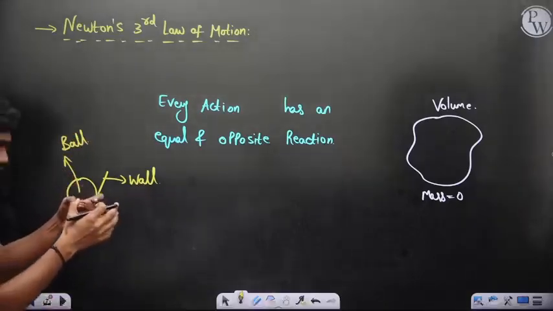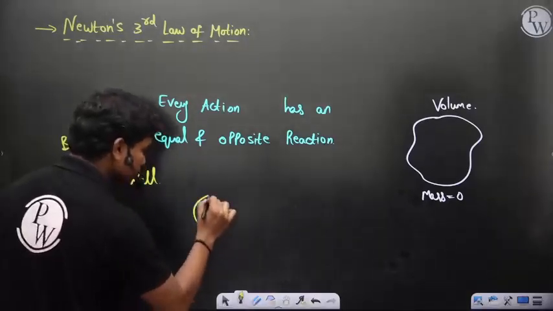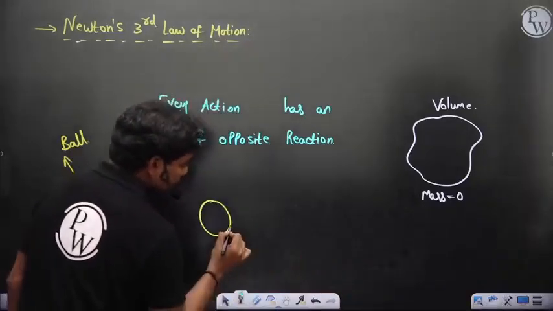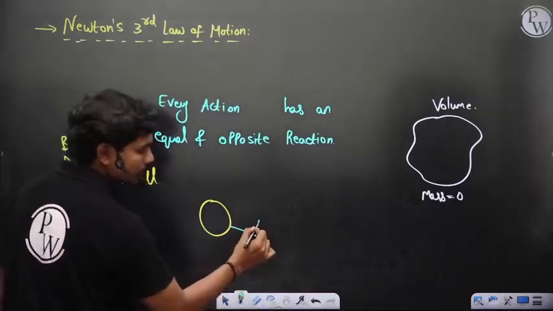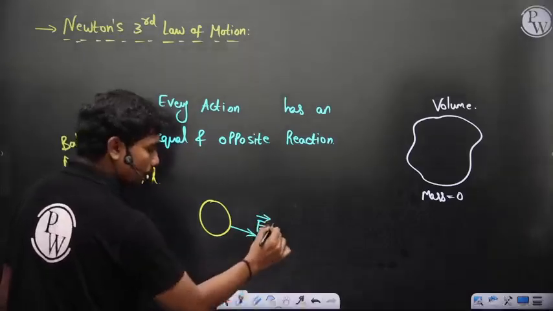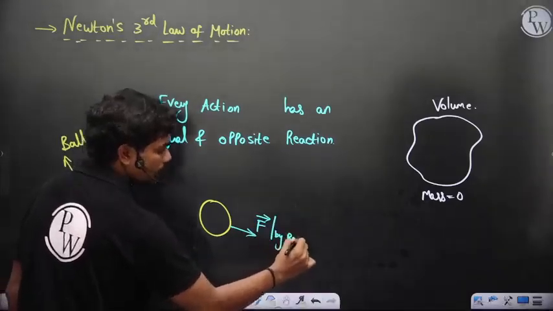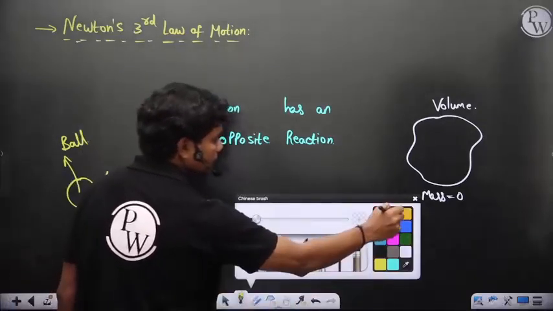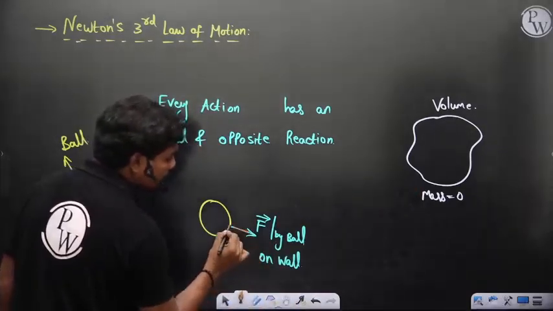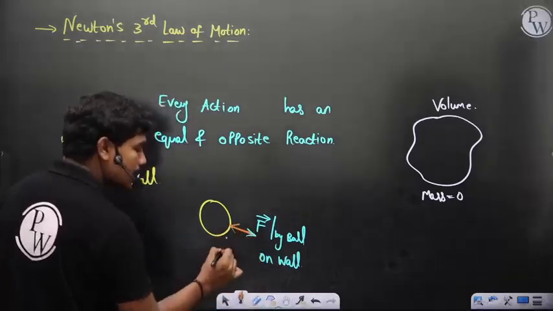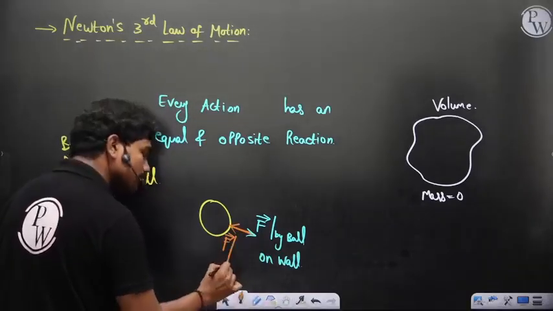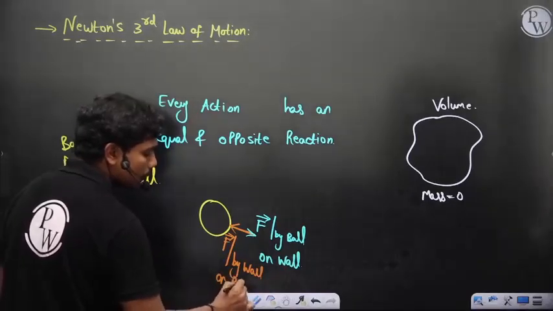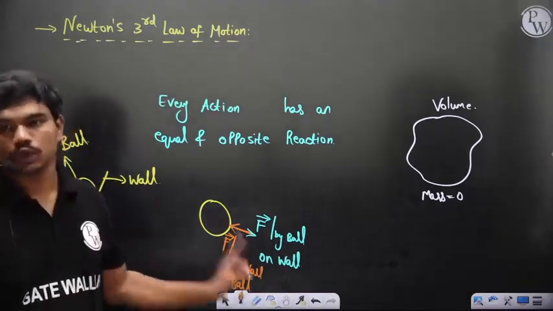So when they make contact with each other, if this ball is exerting a force F by ball on wall, okay, then there is an equal and opposite reaction force by wall on ball. Newton just told this, okay?